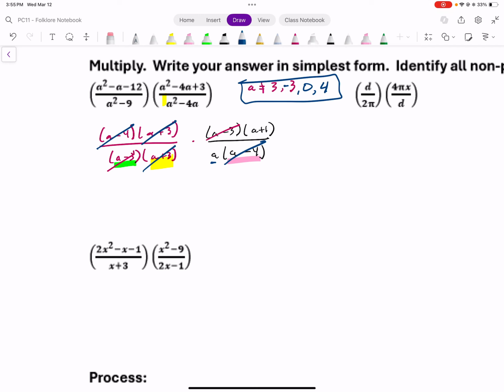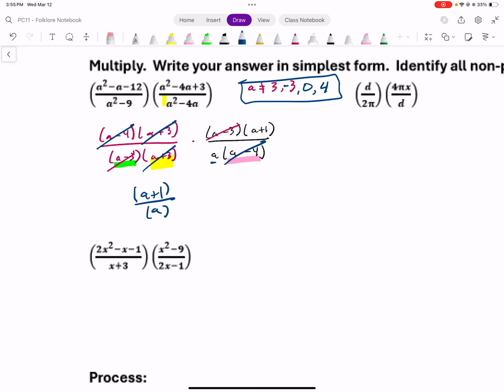What is left is a plus 1 all over a. So this expression simplifies into a plus 1 over a, and that is the final answer. Do not simplify anymore because the factor of a plus 1 is a different factor than a.